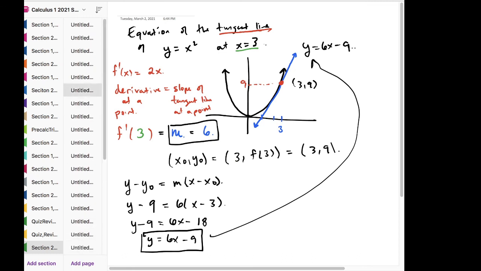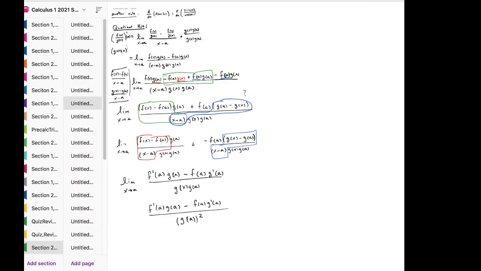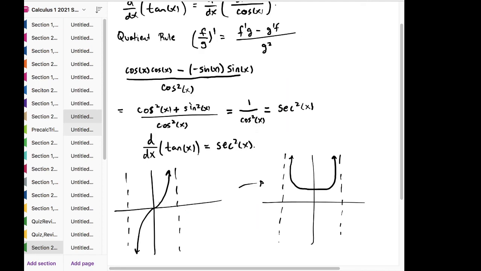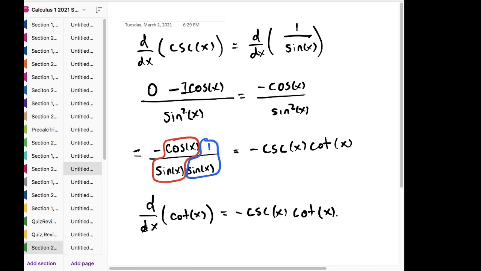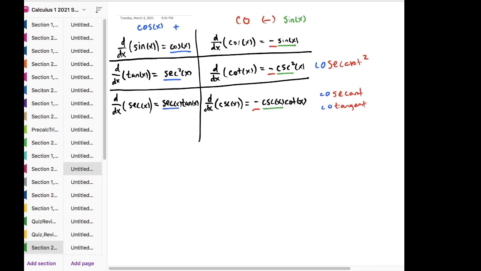The derivative of tangent is secant squared. If you think about doing the derivative again for secant squared, it's going to get complicated. So there's no nice periodic nature for tangent derivatives, but there is for sine and cosine.